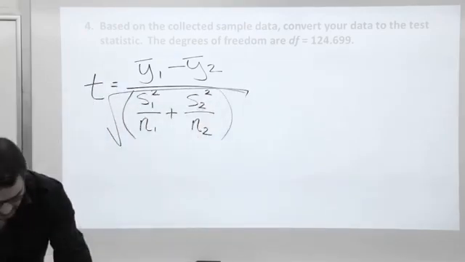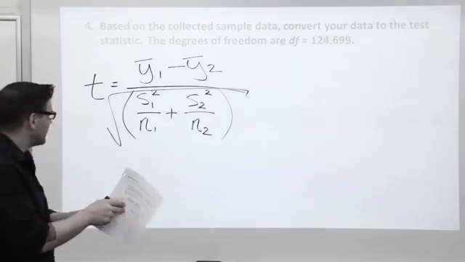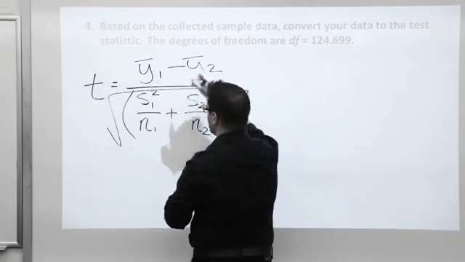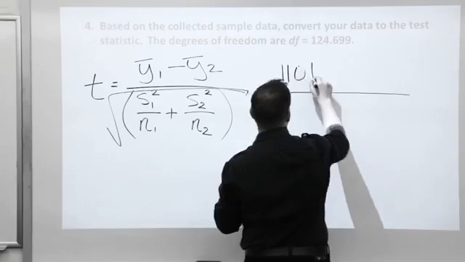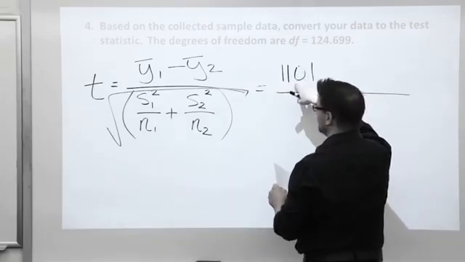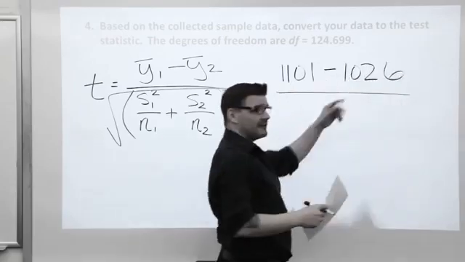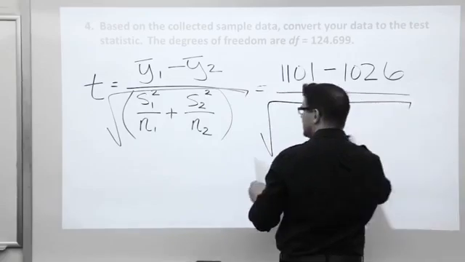Okay, so the numbers are on the front page in that chart, and so I'm just going to plug them in here. Remember, we called our graduates the first sample, and so I'll take the 1101. That was the average from the graduates. I subtract off the 1026. That's the average from the first-time students. Divided by big square root.